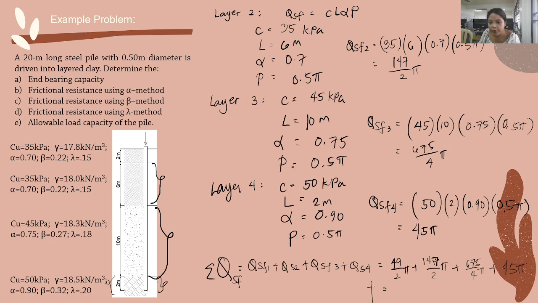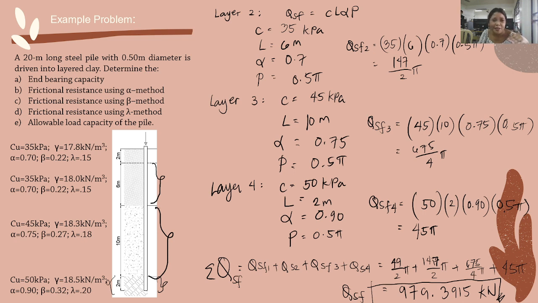And the total of that using alpha method is 979.3915. That is kilonewton. That is how you get the frictional resistance using the alpha method.